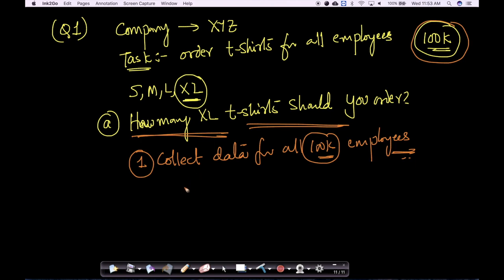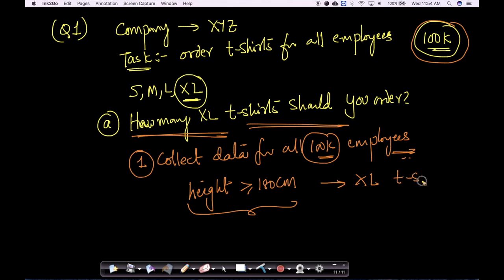You say that typically people who are taller than 180 centimeters, let's assume you know this, sort of like common sense or domain knowledge, okay? People who have done this before have told you that typically people who are over 180 centimeters tend to wear an XL size t-shirt. And they could say if people's heights are between 160 centimeters and 180 centimeters, they tend to wear an L-sized t-shirt.